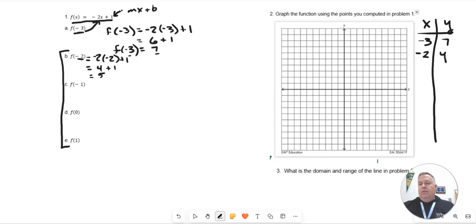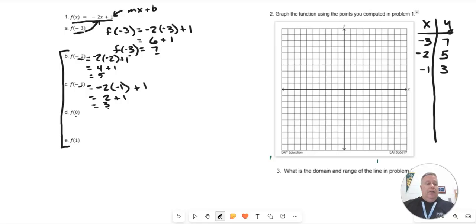Let's try f of -1. F of -1 equals -2, and I'm going to substitute the -1 in for x because we were given x, plus 1, which gives me 2 plus 1, which equals 3. So when x equals -1, y equals 3.